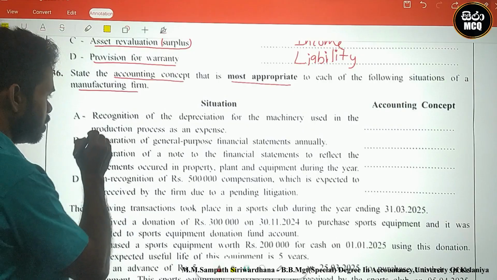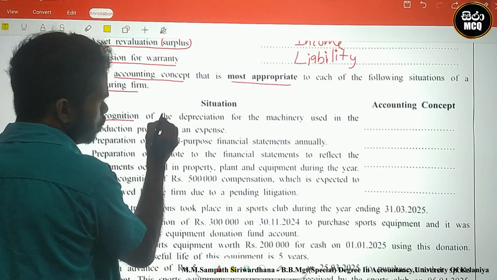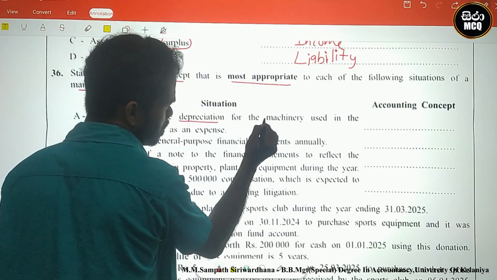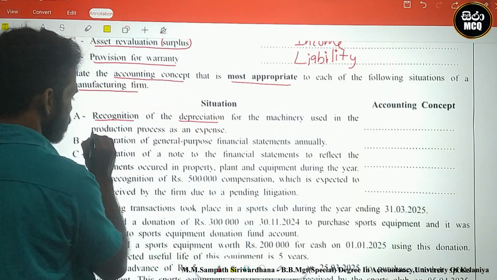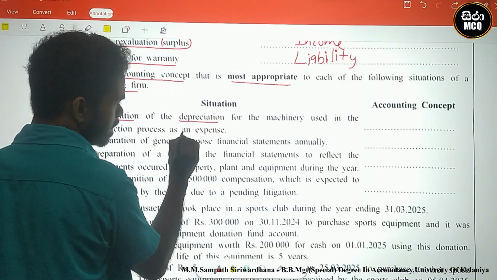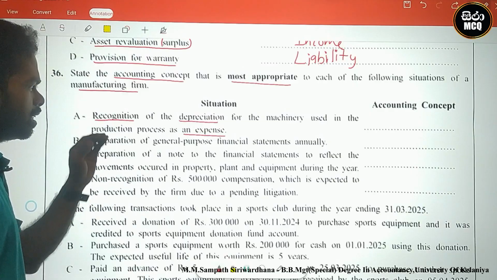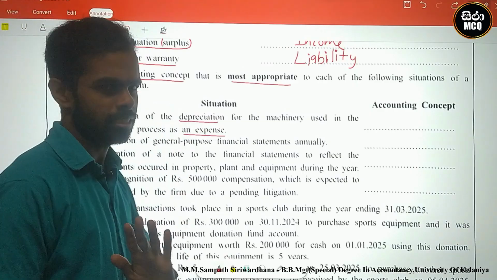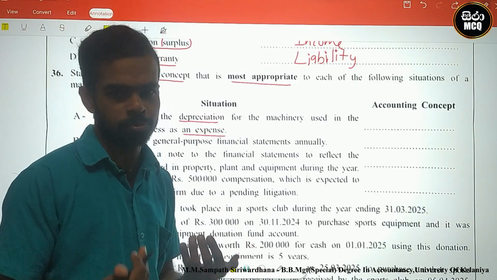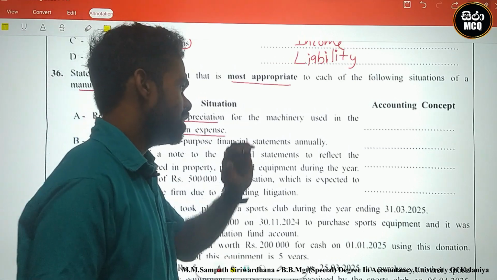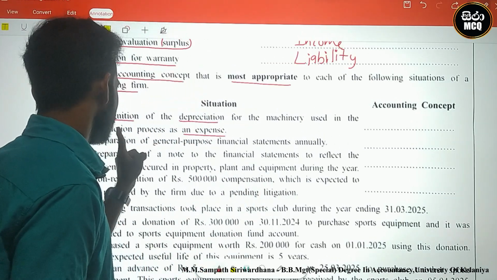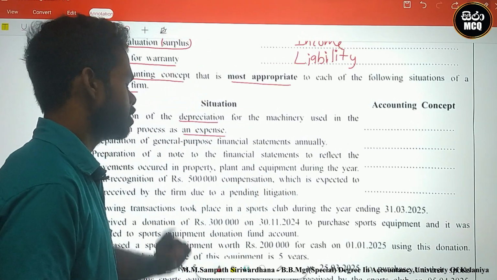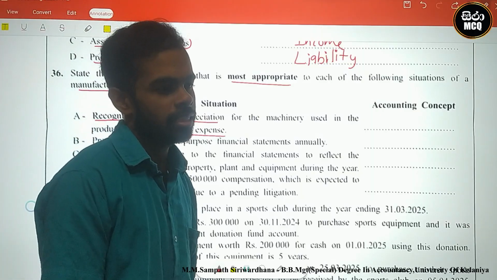First one: recognition of the depreciation of machinery used in the production process as an expense. Depreciation is an expense, no? For the machinery used in the production process. There is an expense identification.